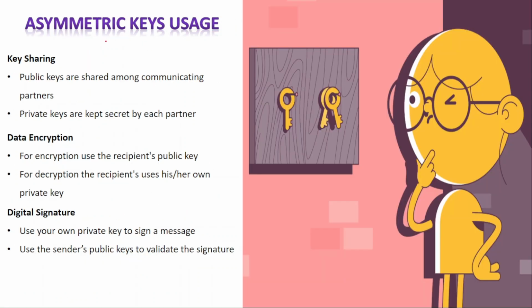Asymmetric algorithm usage. Asymmetric algorithm is used for key sharing. As we studied previously, one challenge of symmetric encryption is secure key exchange, and here comes the asymmetric, which is used for key sharing. Public keys are shared among communicating partners and private keys are kept secret by each partner.